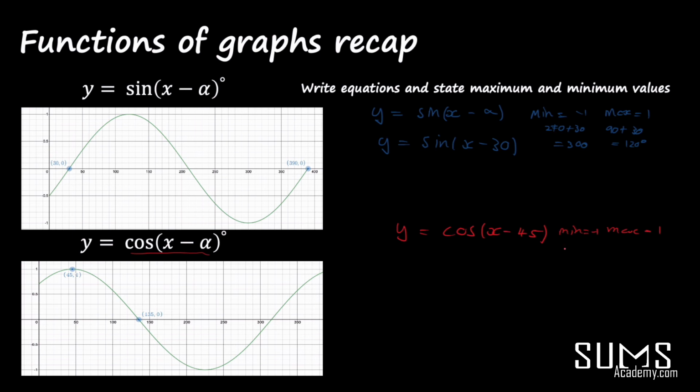So the minimum is going to occur at 180 plus 45, which equals 225, and the max is going to occur at 0 plus 45, which is 45, and 360 plus 45, which would be 405.